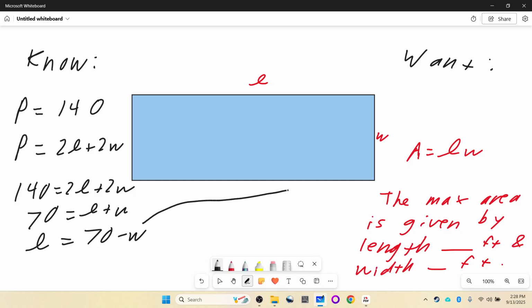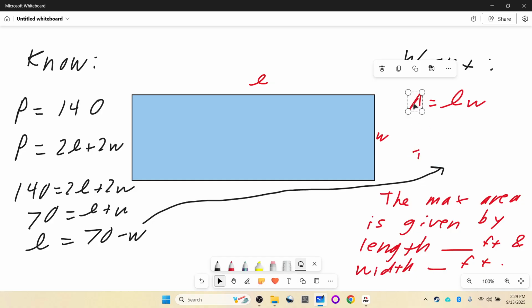And so I bring that over here, and that means area. This is probably unnecessary. I'm making this harder than it needs to be.